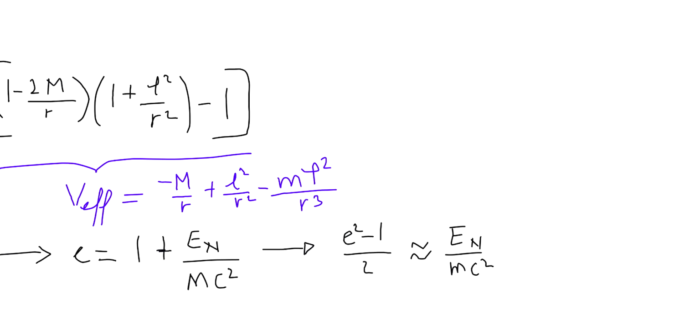L would be the normal capital L for angular momentum divided by mc. And I should multiply everything by mc squared, because here we have to get rid of this mc squared. Then I obtain the effective potential that I can compare with Newton effective potential.